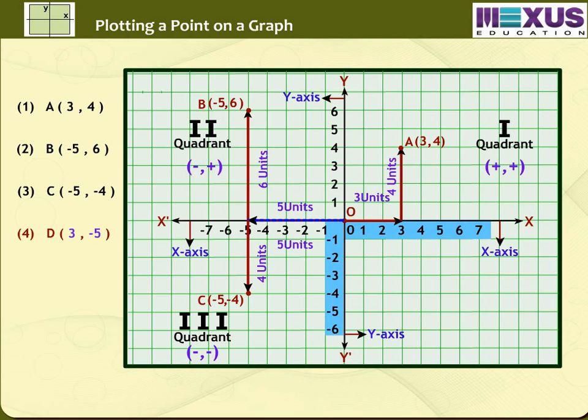Hence, the point D(3, -5) lies in quadrant 4, the region between OX and OY'. Now start at the origin, move 3 units to the right along the x-axis. Then turn and move 5 units down parallel to the y-axis and mark the point D(3, -5).